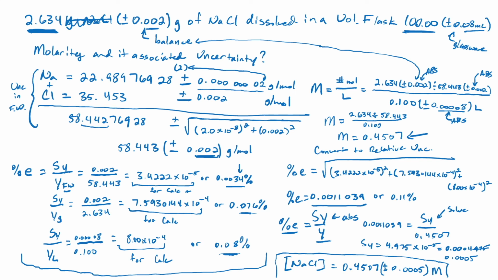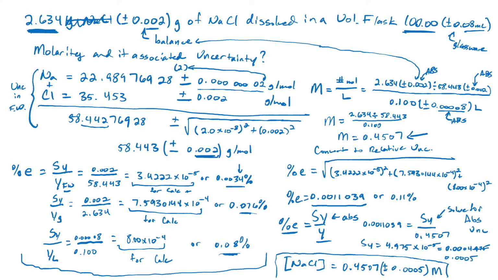So when I calculated the absolute uncertainty right here, right, for SY, solve SY for absolute uncertainty, because that's what absolute uncertainty is. It's SY.